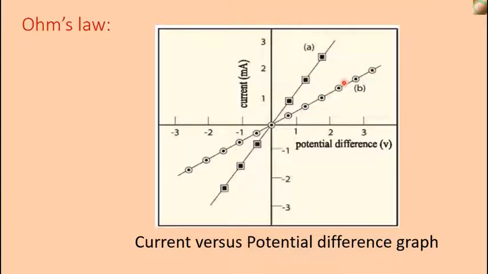In case of the second conductor, the resistance is more. Therefore, for the same potential difference, the current in the second conductor is less than the current through the first conductor.